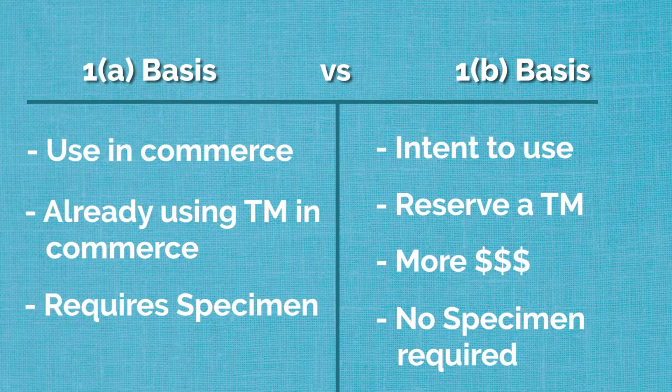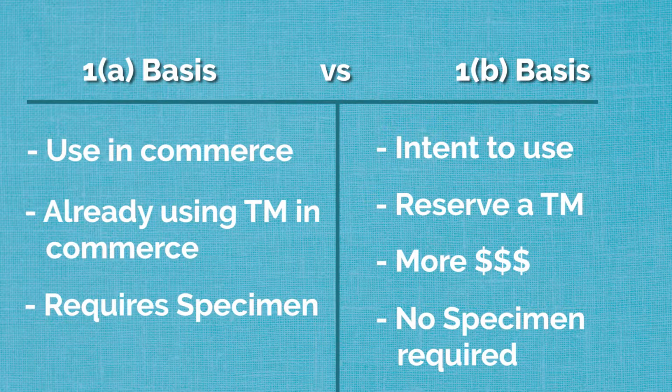Also, 1B application basis is used by app developers and software developers. Whenever they've got a name but they haven't created the product yet, whether it's an app or anything like that, they'll go ahead and reserve the name for their product or their service, whatever it may be. So again, 1B application is to reserve a trademark name or a brand name.